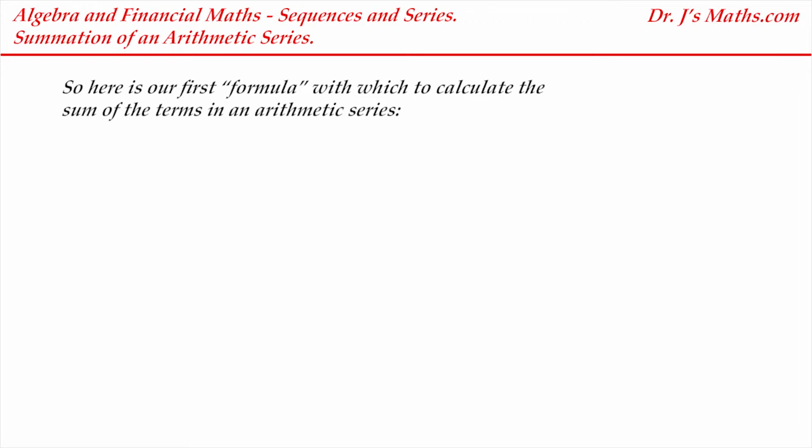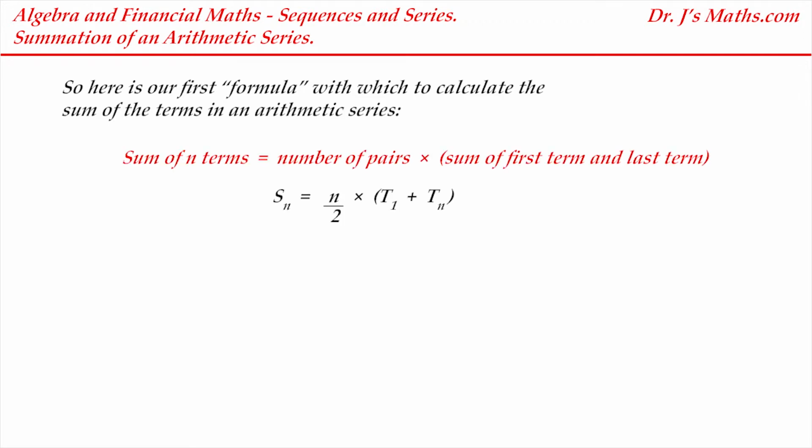So we can write this down as a formal statement if you wish to. Sn is equal to n over 2 times the first term t1 plus the last term tn. I think it's easier to say it to yourself like sum of n terms is equal to the number of pairs times the sum of the first term and the last term.